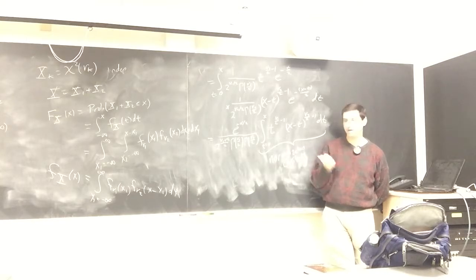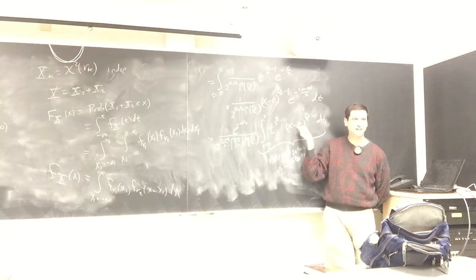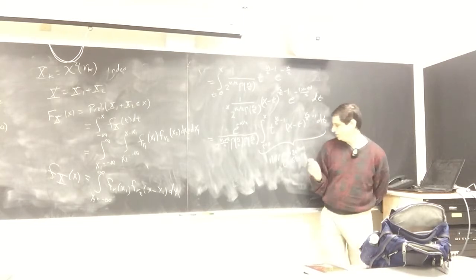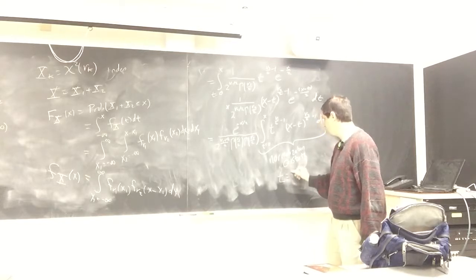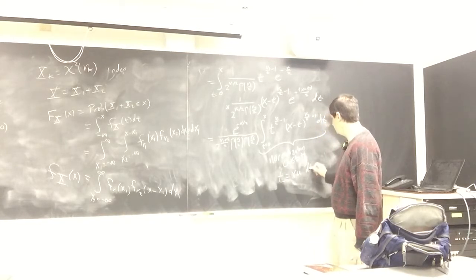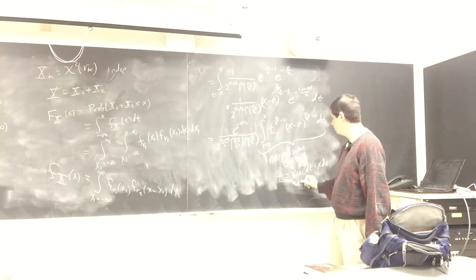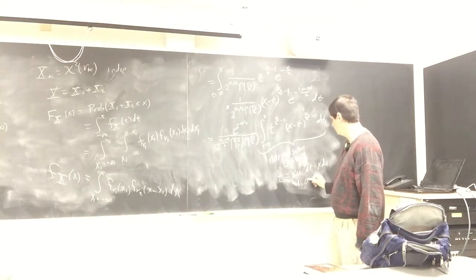I can't just put in an x, but I can let t equal x times u, and then I have an x here. I get an extra x over here, and I can pull out all those x's. So let t equal xu. dt is going to be x du. And now, what's the range for u? u is going to go from 0 to 1.